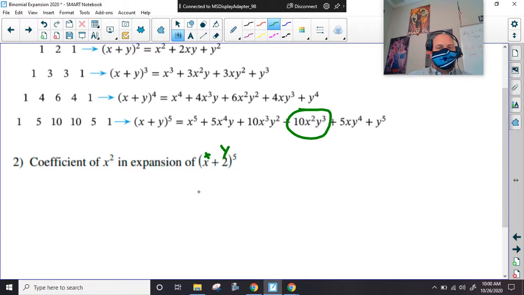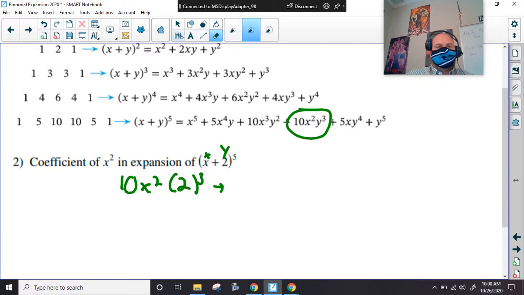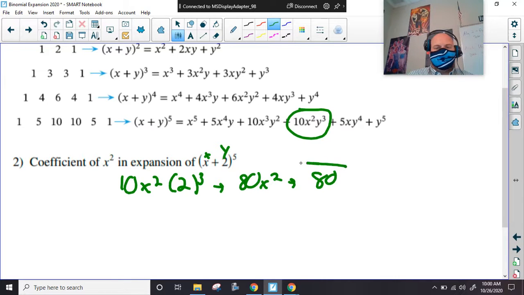That's better. So we're going to have 10 and then x squared, and then this is 2 to the third. This is just a coincidence that this happens to be the same thing. Okay. So again, we're going to have 80 x squared, which is just 80.